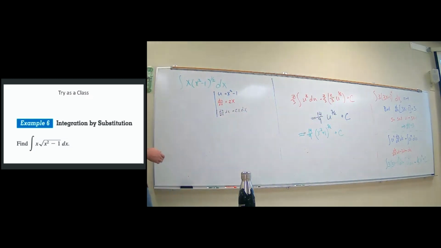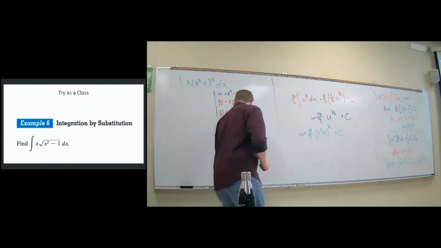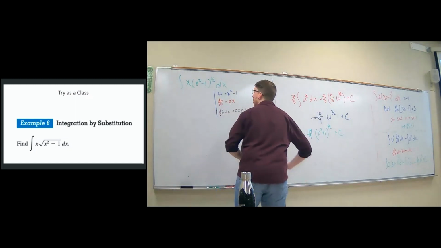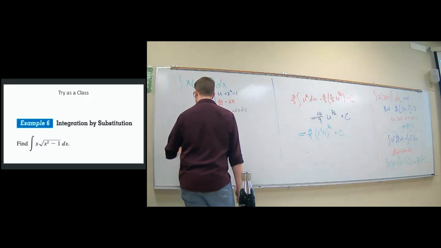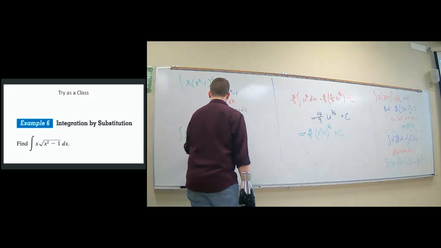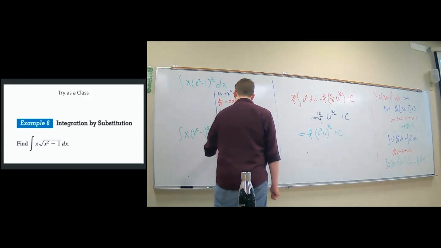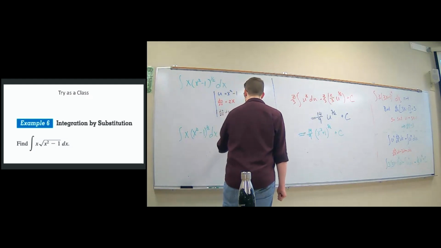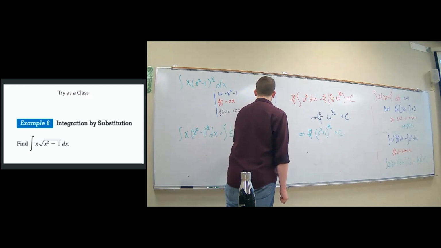Well, I don't have a 2 here, but I can force a 2 to show up, right? Multiply by 1/2 and 2. So what I'm saying is we can rewrite x times the quantity x squared minus 1 raised to the 1/2 dx as 1/2 times 2x times the quantity x squared minus 1 raised to the 1/2 dx.